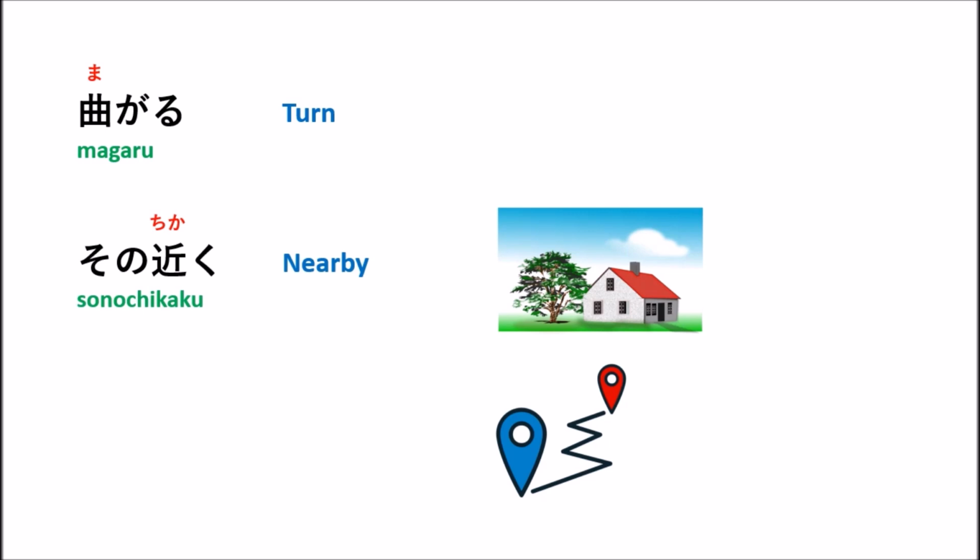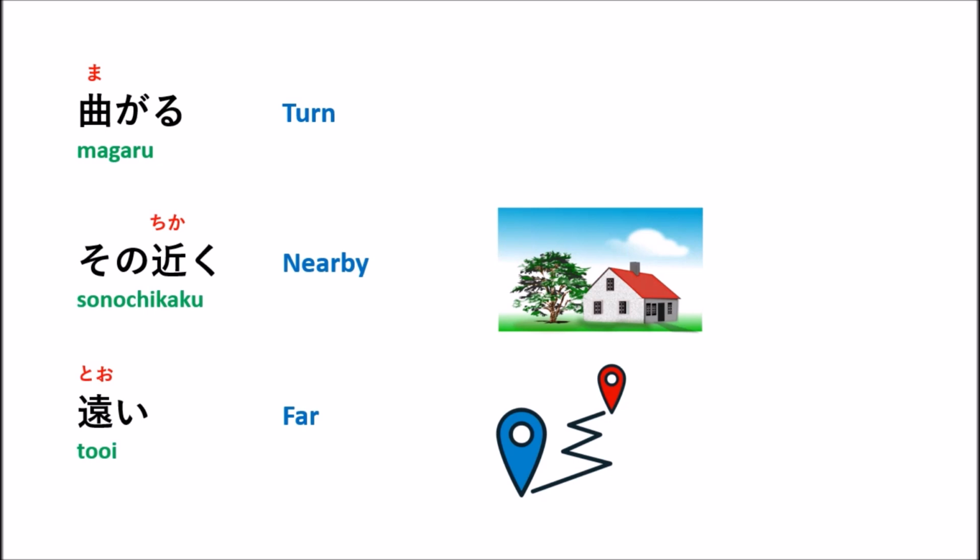Sono chikaku means nearby. For example, if something is nearby something, you can use the word sono chikaku. Toi means far.